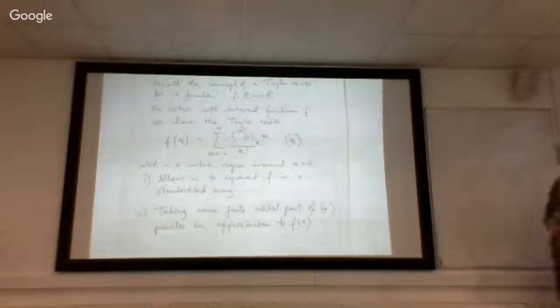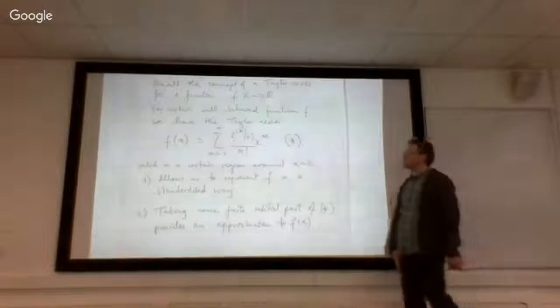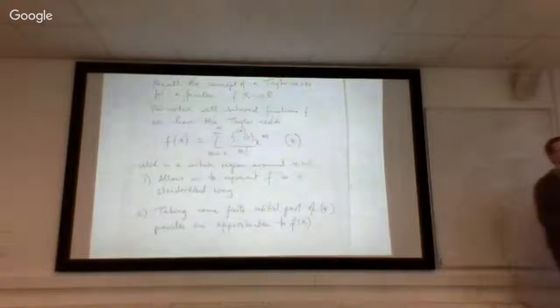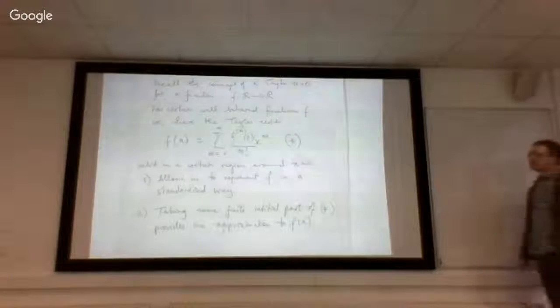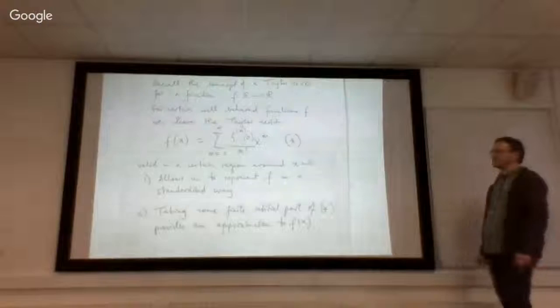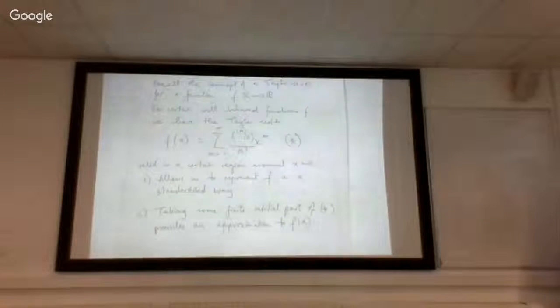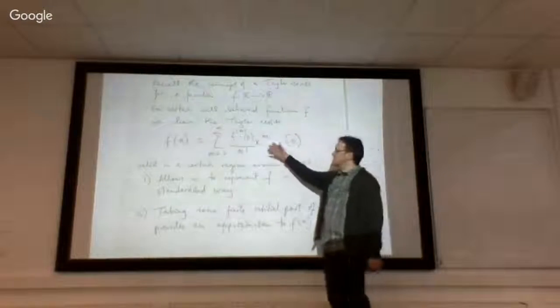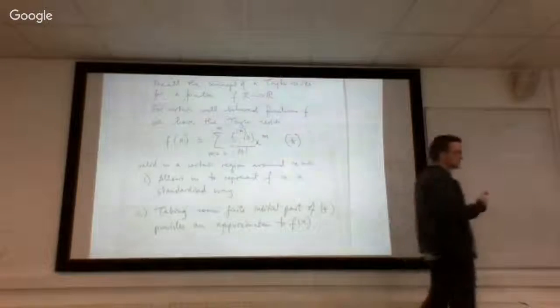Taylor series are important for implementing the evaluation of functions in computers and calculators. Now, I don't think it's exactly Taylor series that are used, but in some cases it is, and in other cases some other related representations for functions.